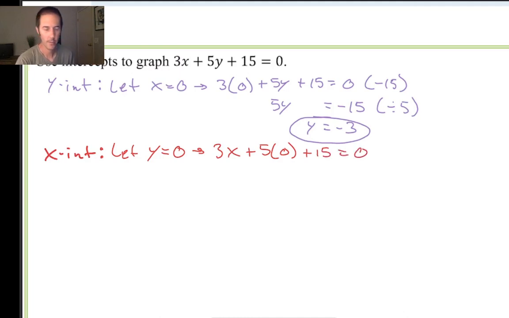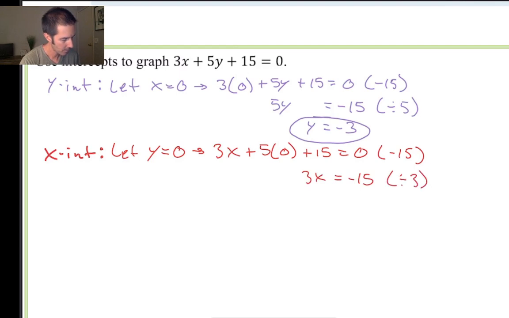This time we need to solve for x. Still subtracting the 15 over to the right-hand side, so I'll put a little note here about minus 15. This middle term is gone because of multiplication by 0, and we end up with 3x equaling negative 15. Divide both sides by 3, and we get an x value of negative 5.